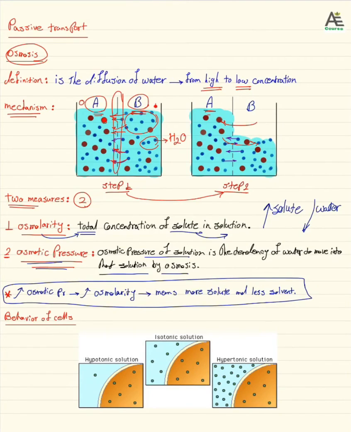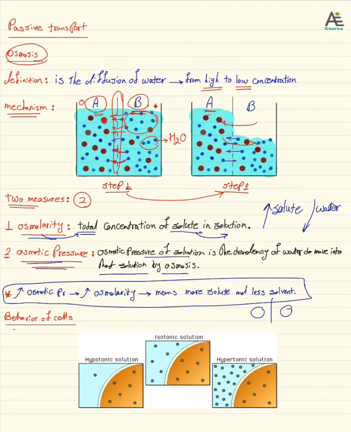And if you have higher osmolarity, you have higher concentration of solutes, less solvent, and that's why you will have osmosis between those regions. And that was about two measures that we should know about the solute concentration in a solution.